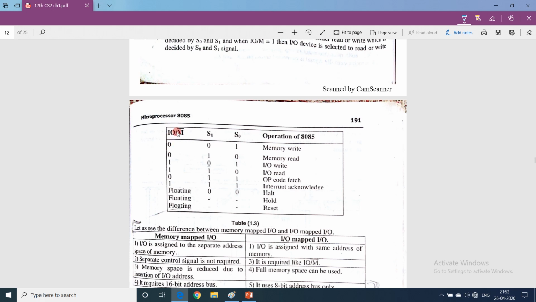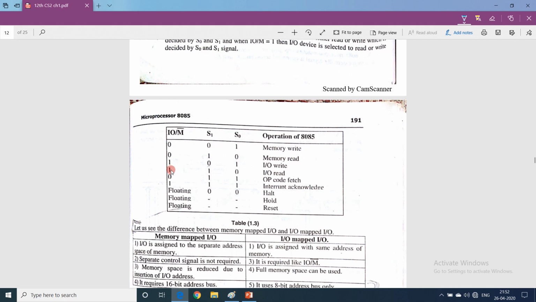When IO/M bar is 0, S1 is 1 and S0 is 0, it is used to read data from that memory location. When IO/M bar is 1, S1 is 0 and S0 is 1, it is used to write data to the input output device. So can you see, when IO/M bar is 0, it is used for memory. When IO/M bar is 1, it is used for an input output device. The memory location is used for an input output device.